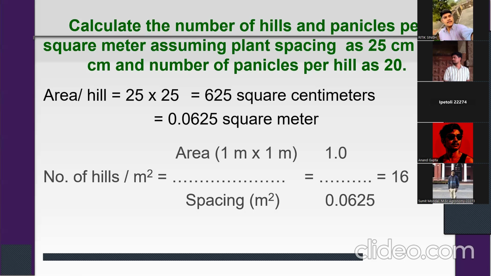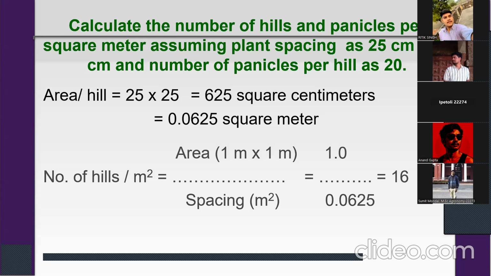Sumit? Yes, sir. How can we work out? If we know in 1 meter square we have 16 hills, then in 1 hectare, how many hills will be there? Then we have to multiply with 10,000 per square meter.